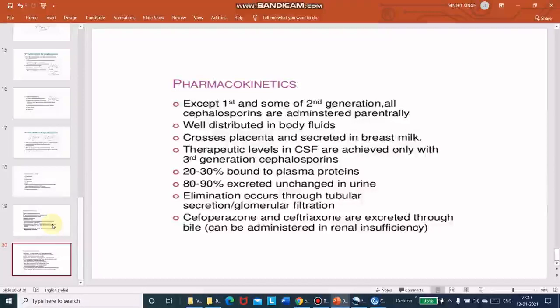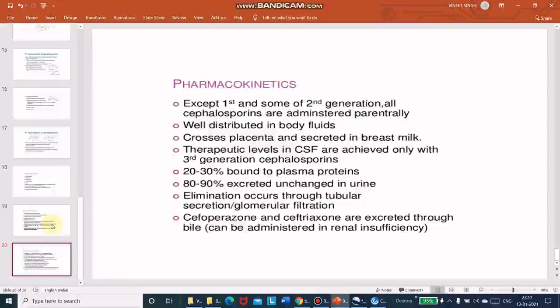So this is not safe in pregnancy because it will cross the placenta and easily reach the baby's circulation and also have a very negative impact. Therapeutic level in CSF is achieved only with third generation cephalosporins, 20 to 30% bound to plasma proteins, 80 to 90% excreted unchanged in urine.